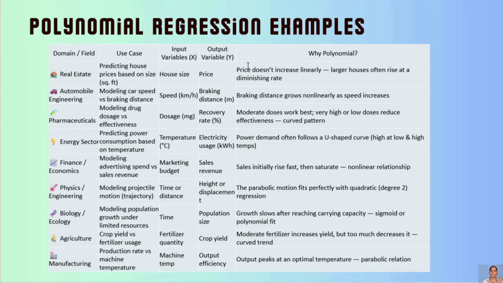So if you see in a few cases, price does not always increase linearly, as in the case of house prices. For large houses, there is a huge difference, like there are different types of houses, right? One is an apartment or flat. One is a land where the houses are built over.